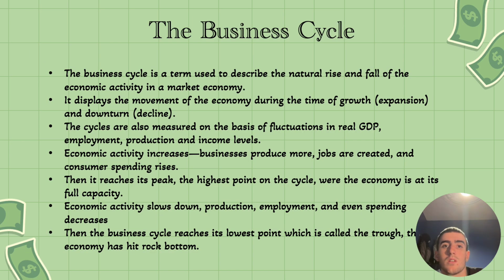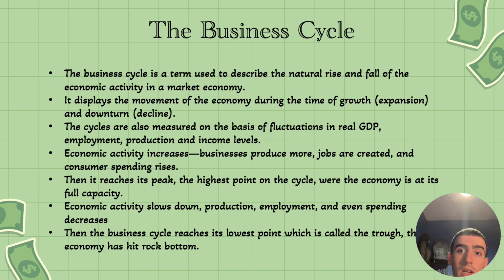Here we have the business cycle. The business cycle basically describes the natural rise and fall of economic activity in a market economy, which reflects periods of growth and decline, more commonly known as expansion and recession. These cycles are measured by fluctuations in real GDP, employment, production, and income levels.